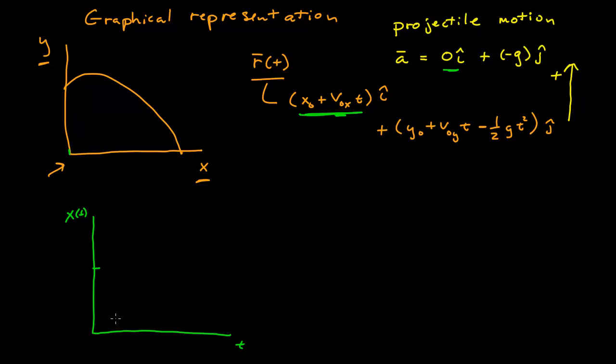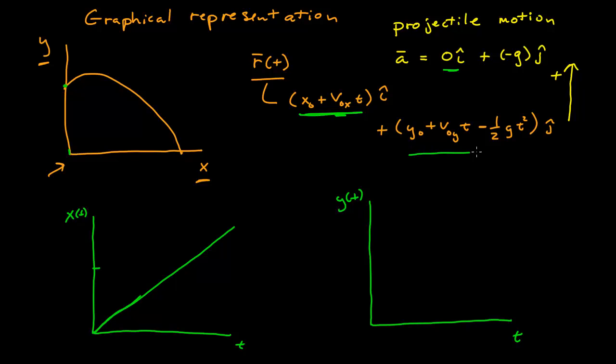It starts out at 0, and so it's just going to increase linearly. And also, we can plot y as a function of time. It's going to start at some initial position, and it looks like a parabola, and so it might have some shape that looks like this.